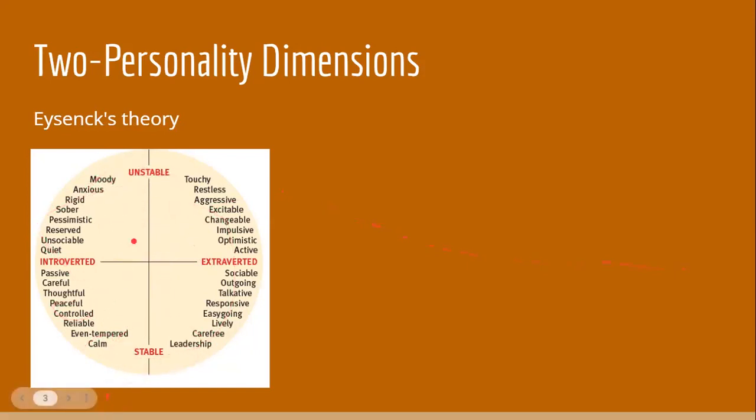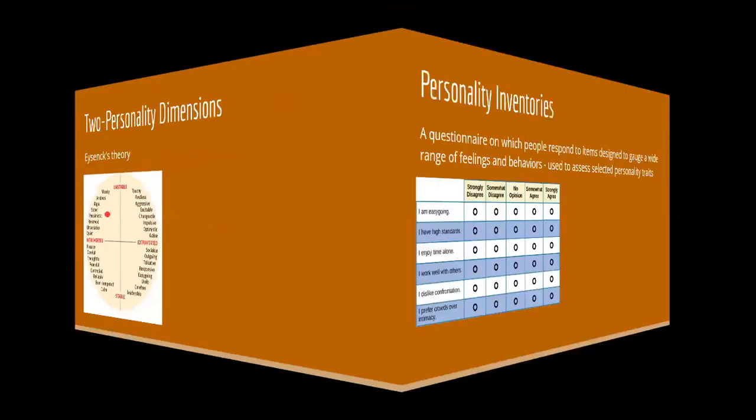So you could be either introverted or extroverted, and you could still be unstable. So introverted and unstable could be quiet, unsociable, reserved, pessimistic, which means you just think the bad of everything, sober, rigid, anxious, moody. Or if you're extroverted and unstable: touchy, restless, aggressive, excitable, changeable, impulsive, optimistic, active. So we don't want to be those things.